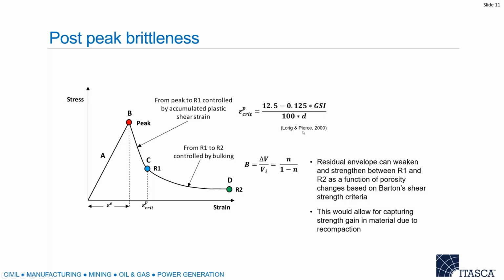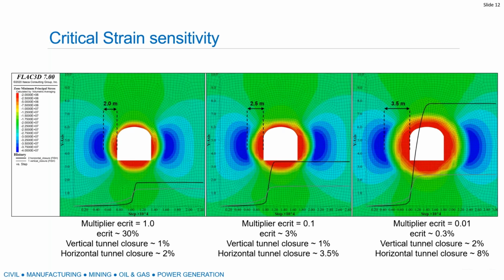And what you can see here is that this is zone size dependent, and it honors the fact that this strain softening material's behavior is a function of the zone size as well. So this is being automatically calculated for different zones, and the user is able to actually alter it.